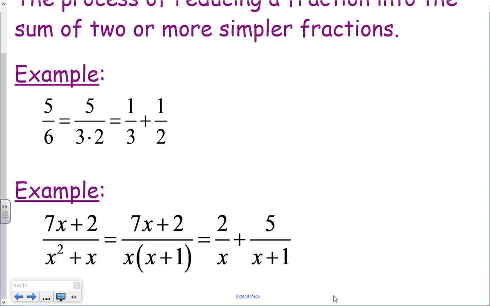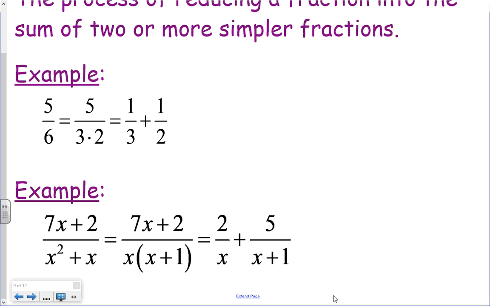That's the hint I need to figure out my denominators for those two fractions. And then it would take a little bit of work again to figure out what the numerators are, but it turns out that you could write this as 2/x + 5/(x + 1). If you were to take that end result and get a common denominator, add those two together, it would turn out to be (7x + 2)/(x² + x) when you get done.